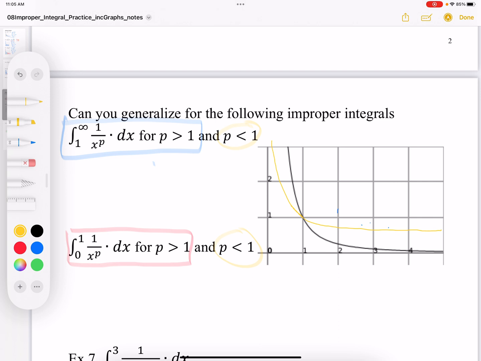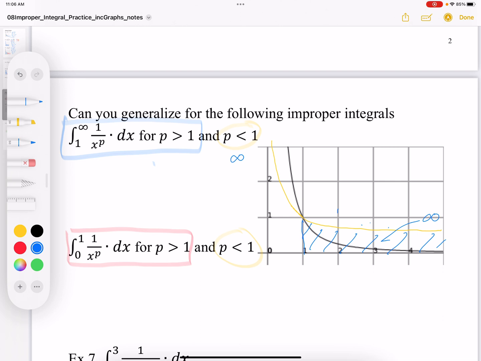So when we take a look at the area from 1 to infinity on the right-hand side here, now that area becomes infinite.